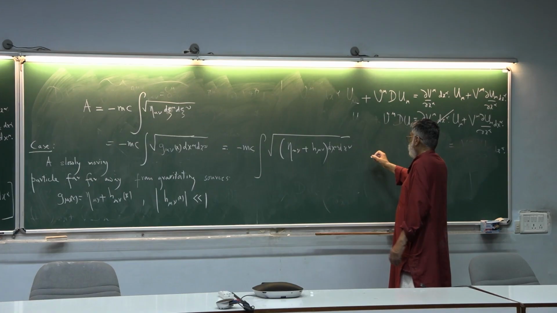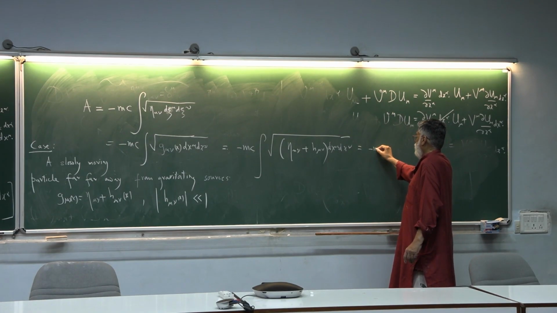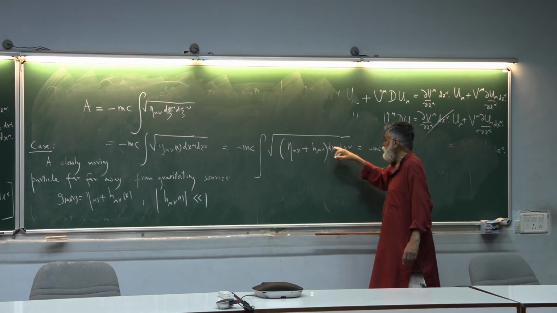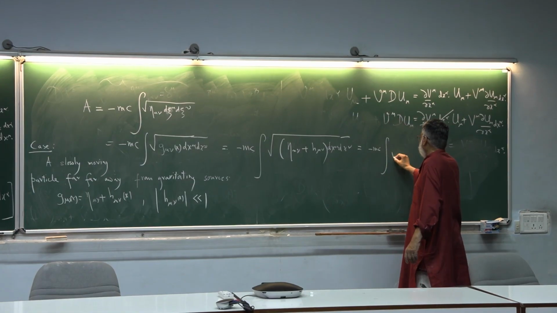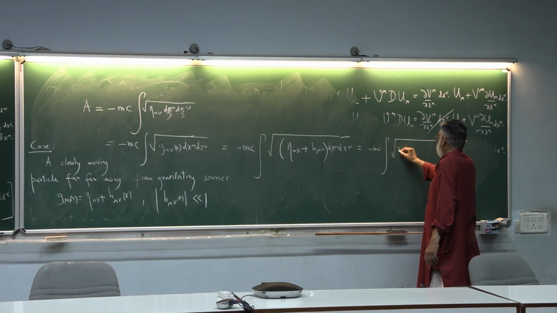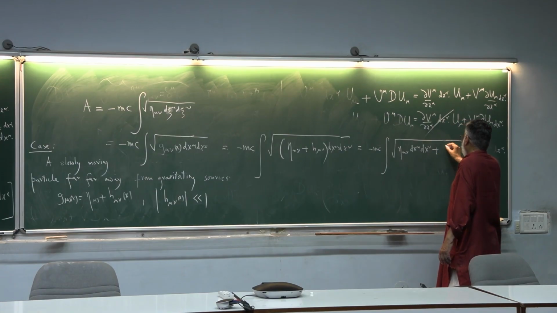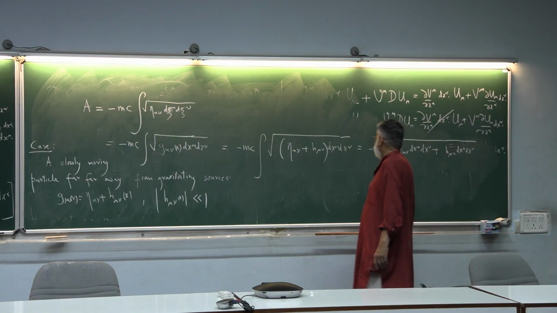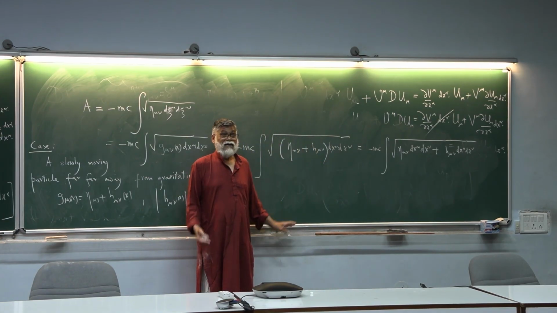Let me go stepwise. So, eta mu nu dx mu dx nu, that I considered yesterday. So, this part, square root of... this is a test particle.